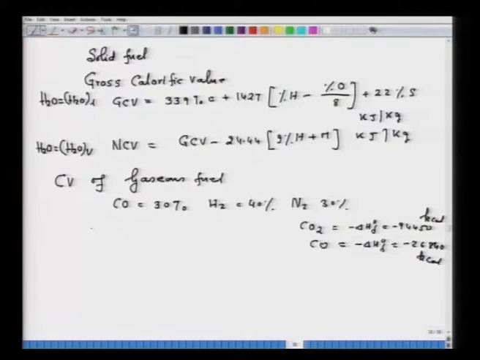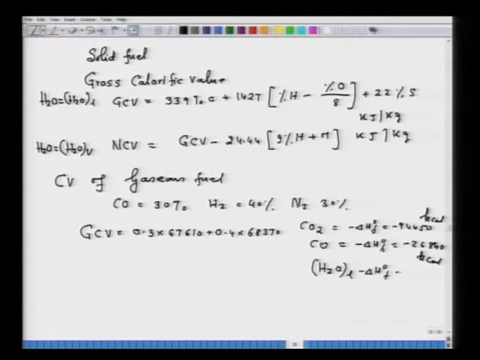So, we can get the gross calorific value, that will be 0.3 into 67,610 plus 0.4 into 68,370, where for H2O liquid the minus delta H naught F is equal to 68,370.